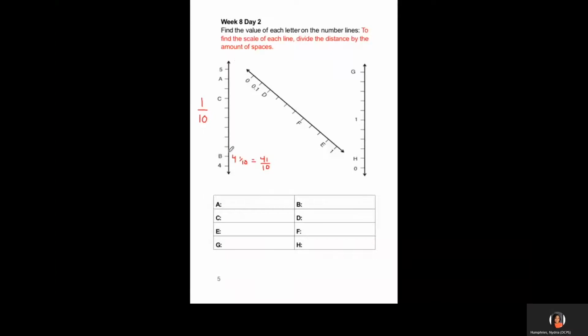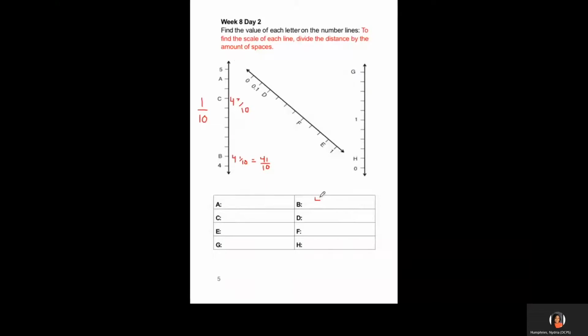So if B is 4 and 1/10, let's see what C is up here. So we have 4 and 2/10, 4 and 3/10, 4 and 4/10, 4 and 5/10, 4 and 6/10, 4 and 7/10. So C would be 4 and 7 tenths. All right, so let me just write our answers here.